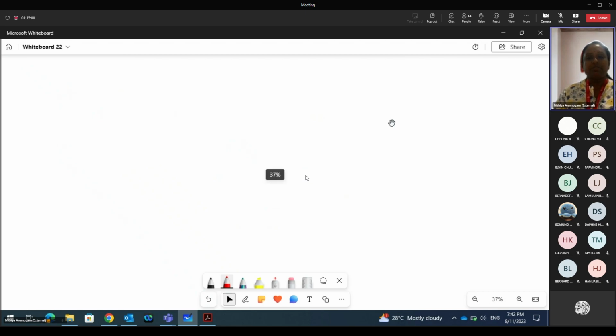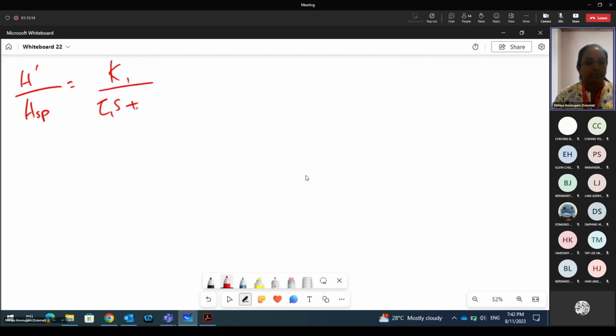All right. So if you notice, we have that H set point change expression, HSP, in terms of K1 over tau 1 s plus 1, right? And we also know we define the K1 as KOL over KOL plus 1, okay?